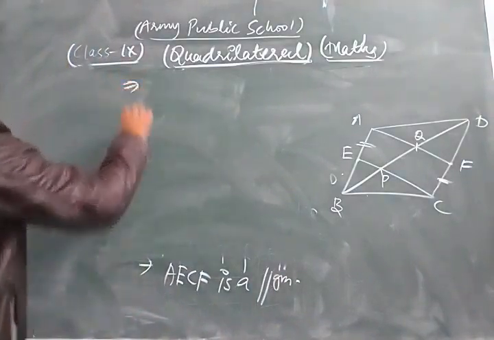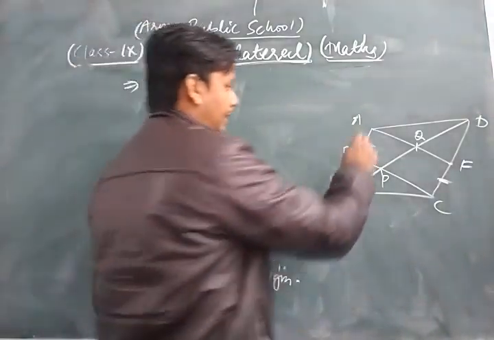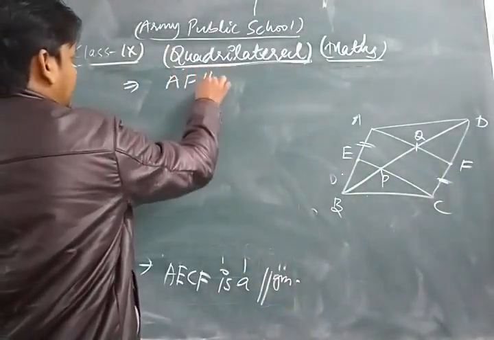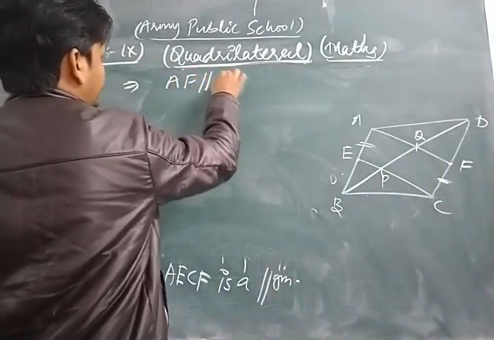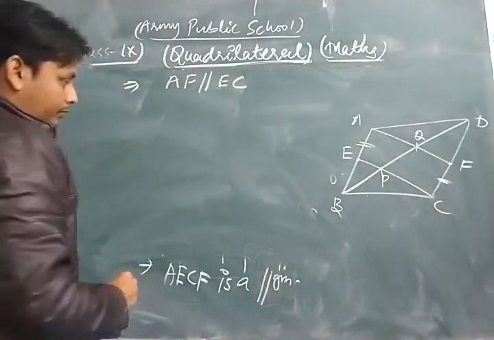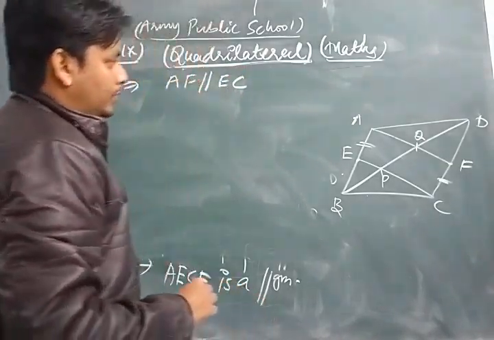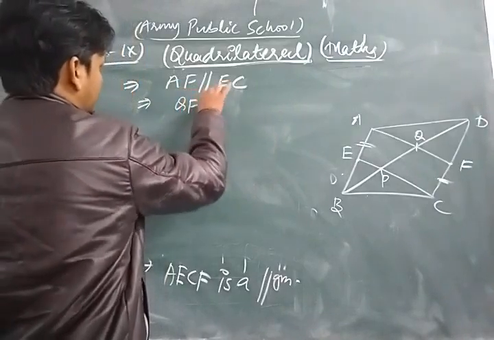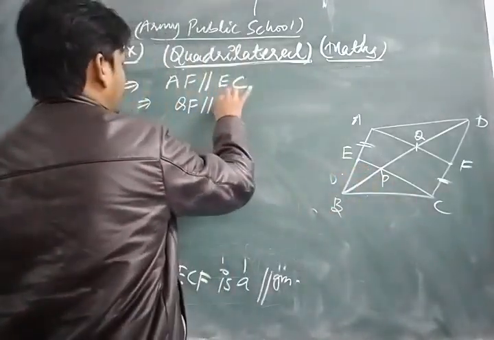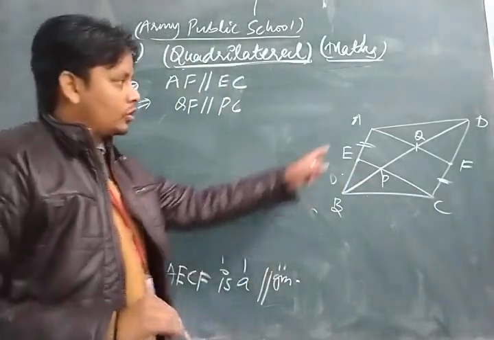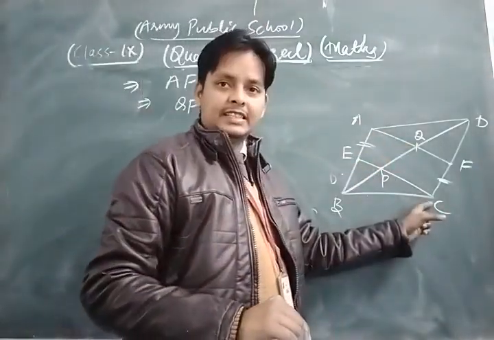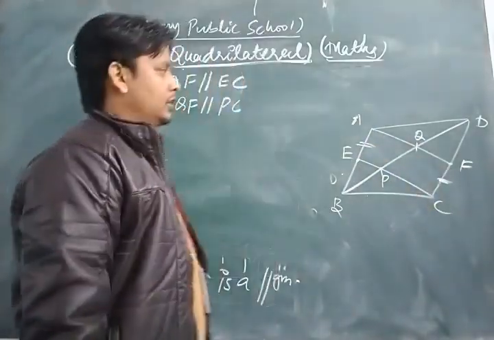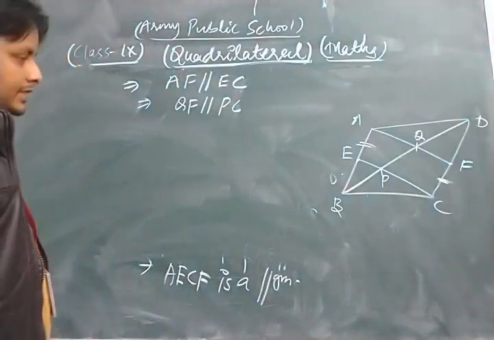This implies that AF is parallel to EC. Because AF is parallel to EC, this implies that QF is also parallel to PC.